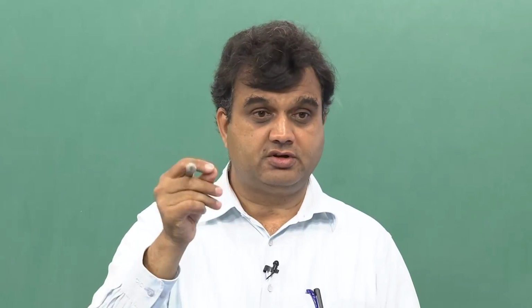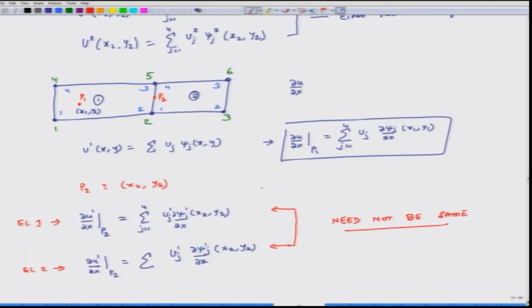It has 2 degrees of freedom, right. Here it has only 1 degree of freedom. So, we only specified continuity of the primary variable, we did not specify continuity of the derivative. So, these relations need not be the same. If you use element 1 to calculate the derivative, you will get one answer. If you use element 2, you will get another answer.